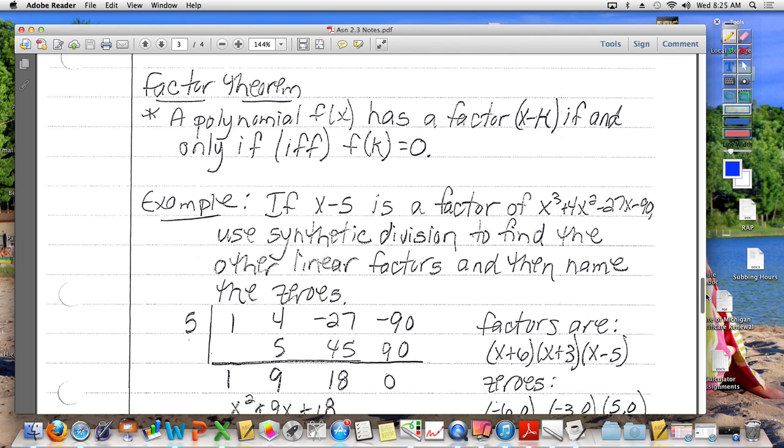The factor theorem. A polynomial f of x has a factor, x minus k, if and only if, when you plug in that value of k, you get 0.